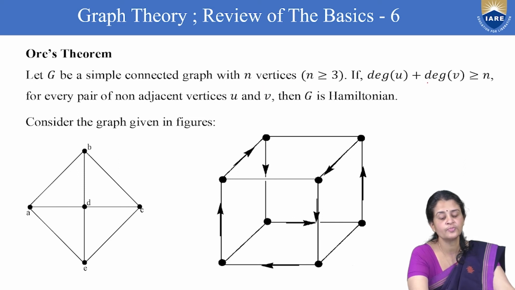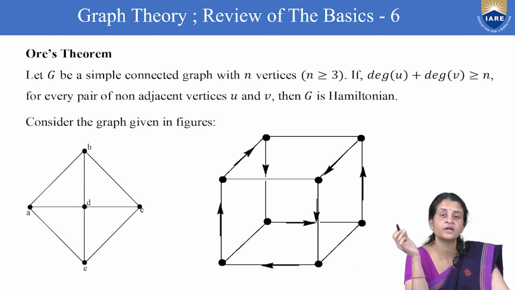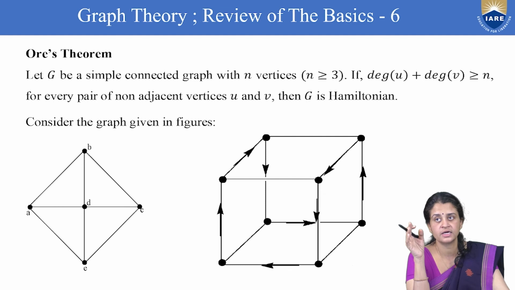If degree of u plus degree of v is greater than or equal to n, for every pair of non-adjacent vertices u and v, then G is Hamiltonian. That is, for every non-adjacent pair of vertices we take the sum of the degrees of u and v, and if it is greater than or equal to the number of vertices, then the graph is considered to be Hamiltonian.